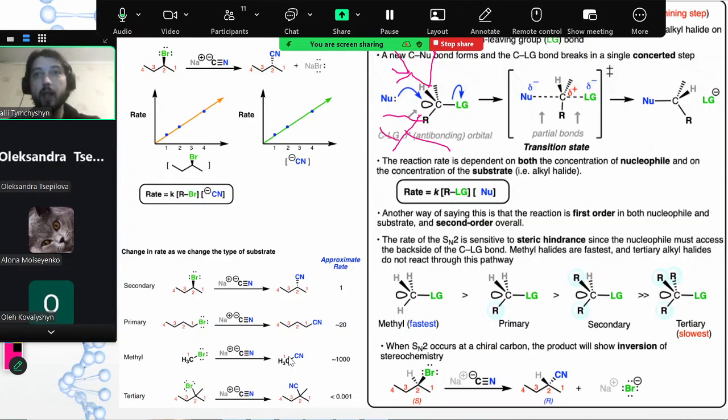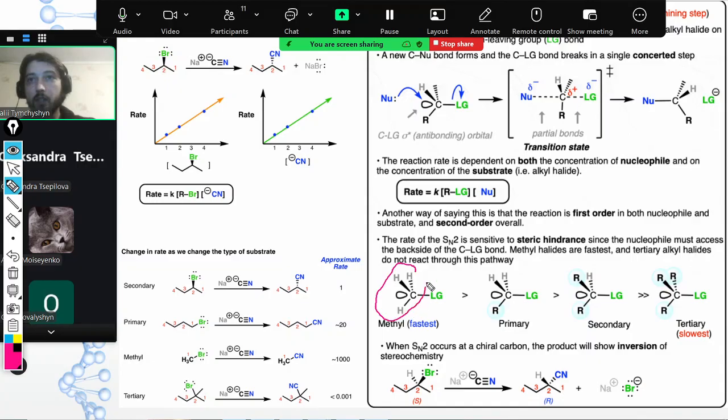So if you have no steric hindrance, let's look at this one: we have a leaving group and CH3. Hydrogens, protons, are small, so what can they hinder? It's perfect for the SN2 reaction. The nucleophile has full access to this anti-bonding orbital and there is no problem to react.